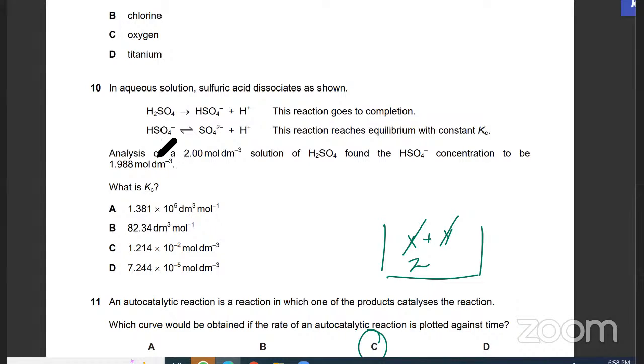There's analysis of a 2 mole per dm cube H2SO4. So this over here is 2 mole per dm cube. How much HSO4 minus ions are produced? The amount of HSO4 minus ions produced is 1.988.